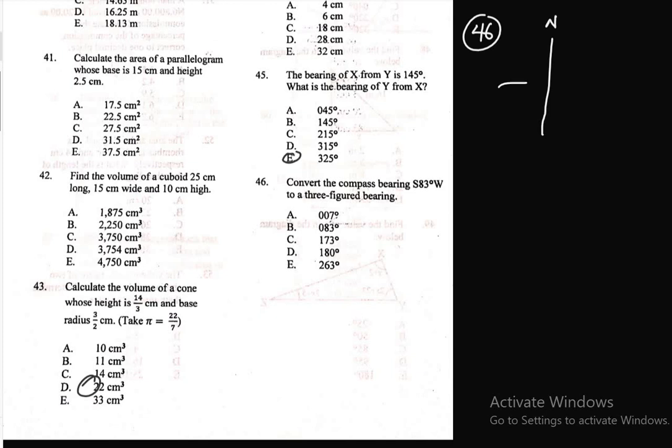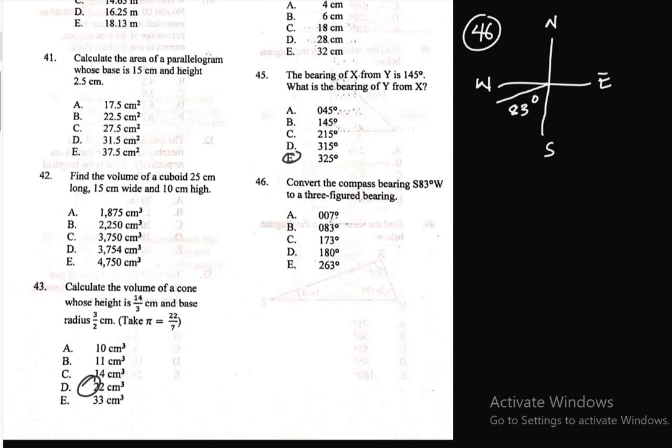We have the east, the south, and the west. So when we say south 83 degrees west, it should be around here, around this point. So this may just be 83 degrees.